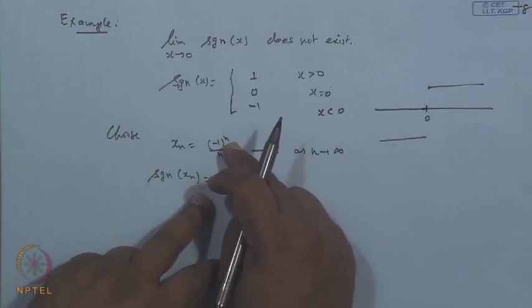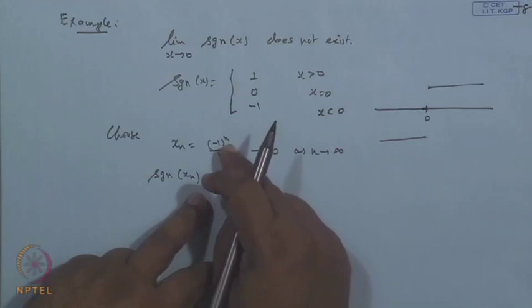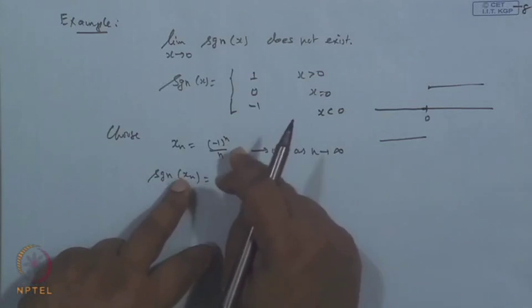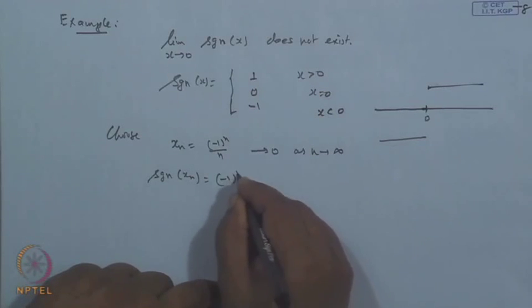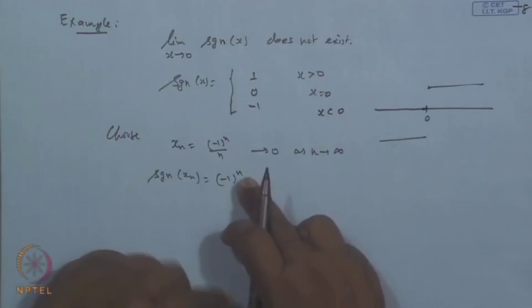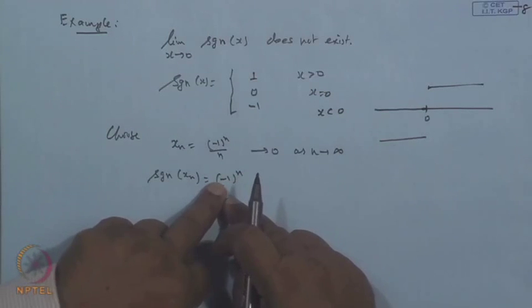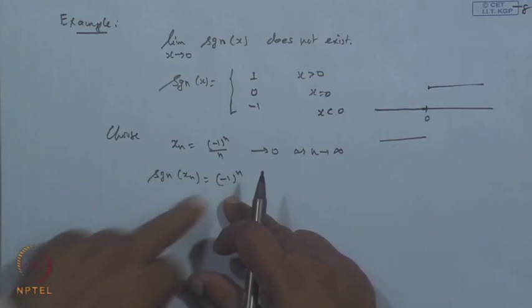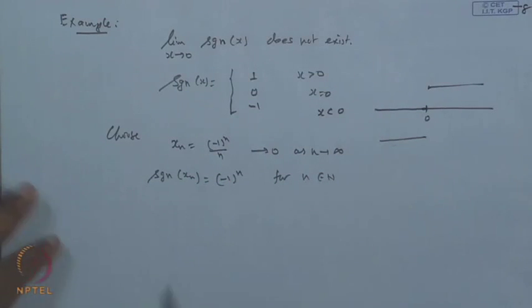So, when n is even you are getting plus 1, when n is odd you are getting minus 1, for all n belongs to N.